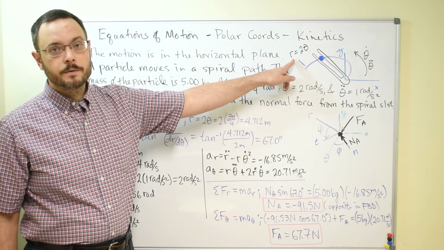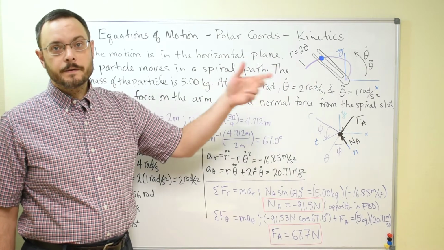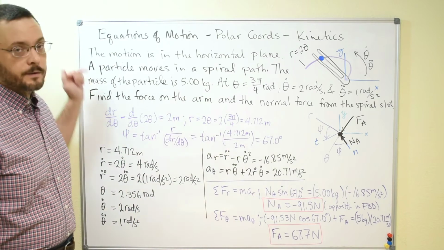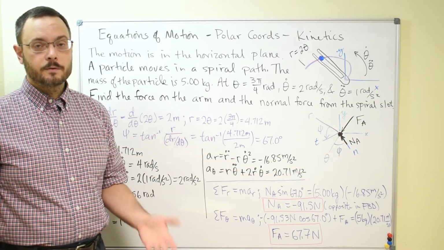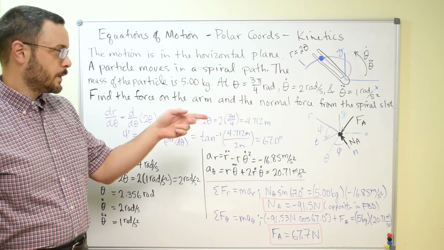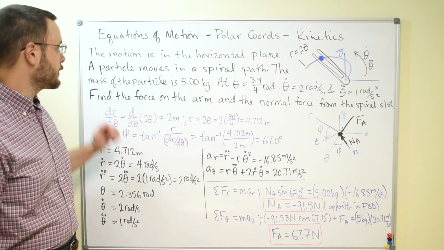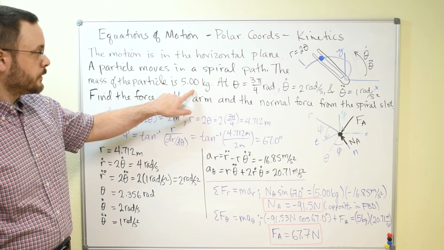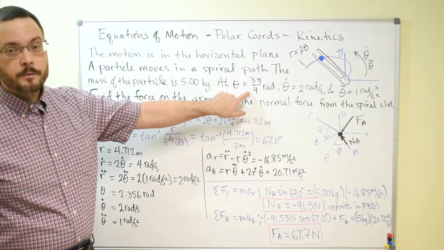R is equal to 2 times theta, and R is in meters when theta is in radians. Motion is in the horizontal plane, so we don't have to include the weight due to gravity in our free body diagram. And then the mass of the particle is 5 kilograms, and this is part of the problem statement.